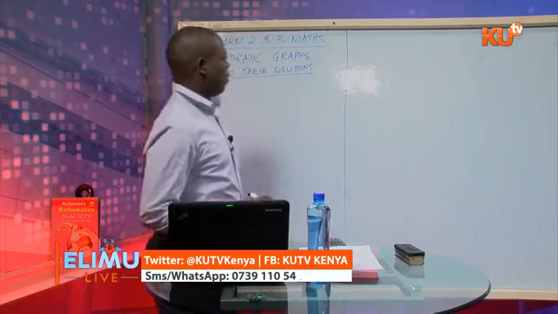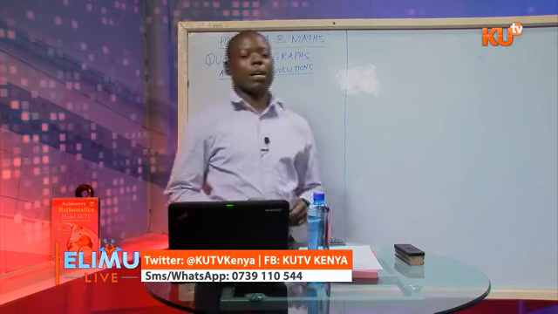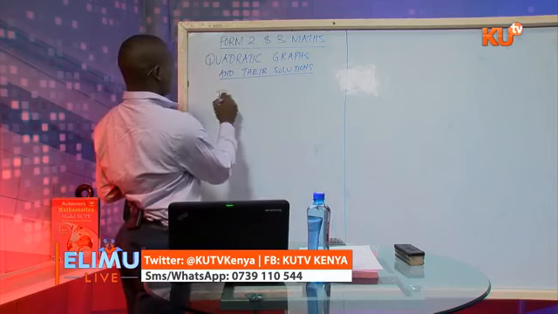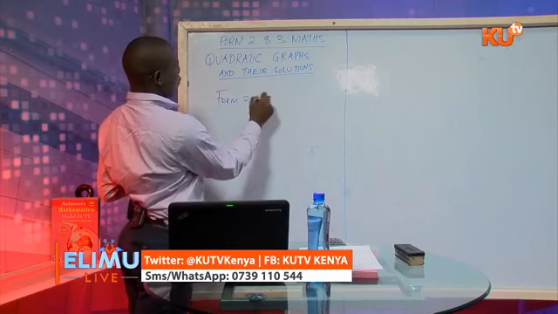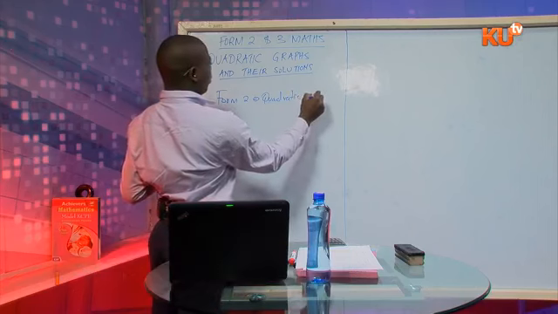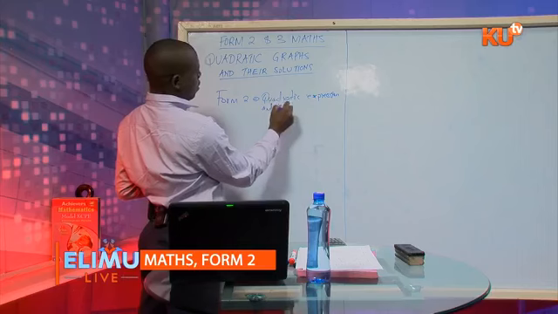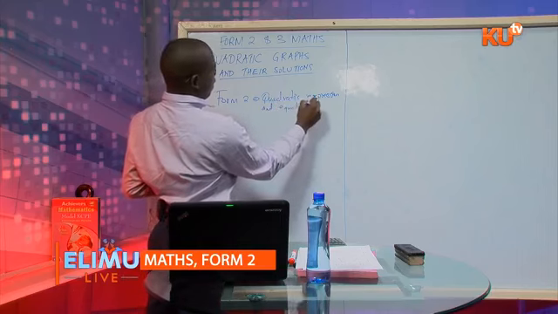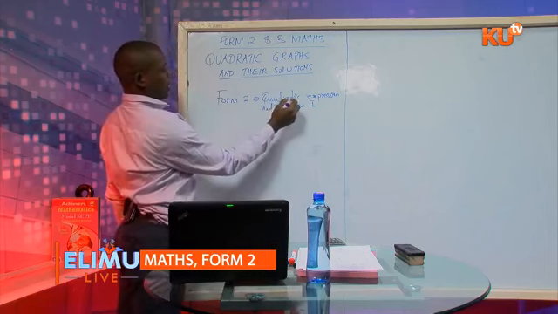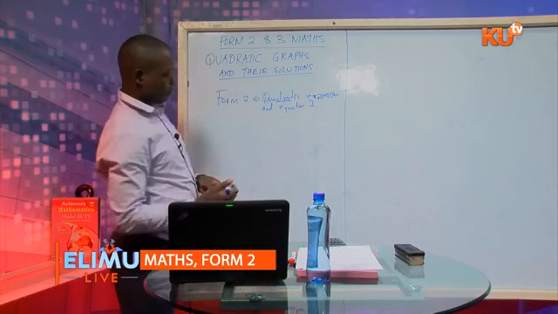Now, even before we draw the graphs, this topic, quadratics, is captured in Form 2, and in Form 2, what we first look at is quadratics, expressions and equations 1. In this topic, the first most important thing is for us to differentiate between a quadratic expression and an equation.